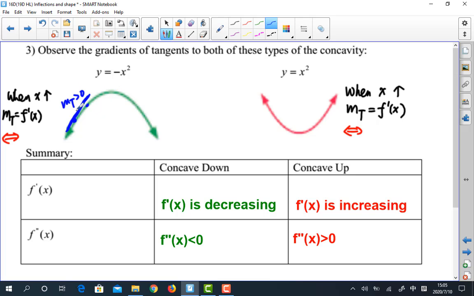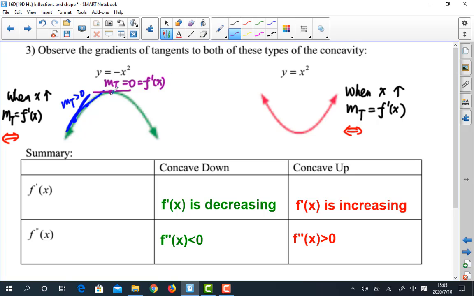So here, positive slope. And you can see the steepness of the line is getting less. So what does it mean? This one means the slope of the tangent is decreasing with the positive values until this slope becomes 0 at the local maximum point.